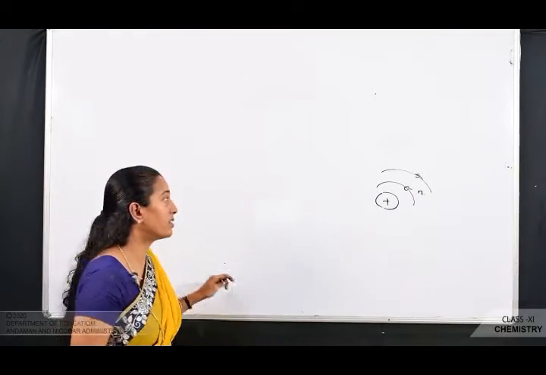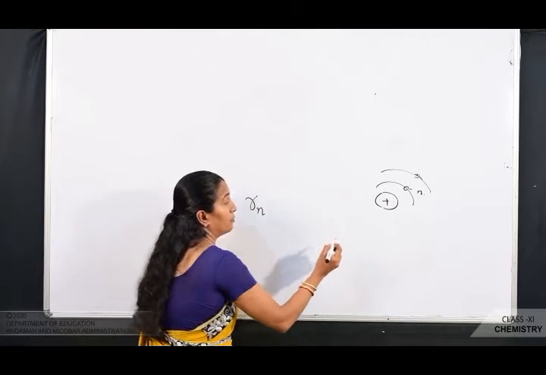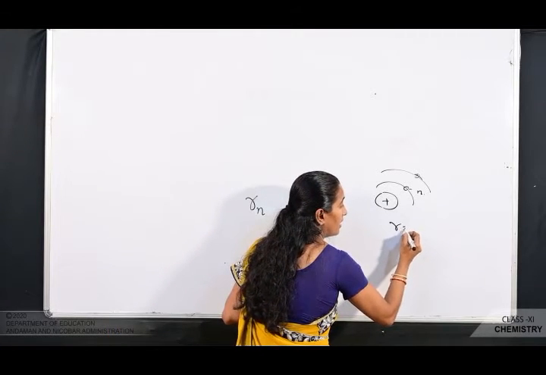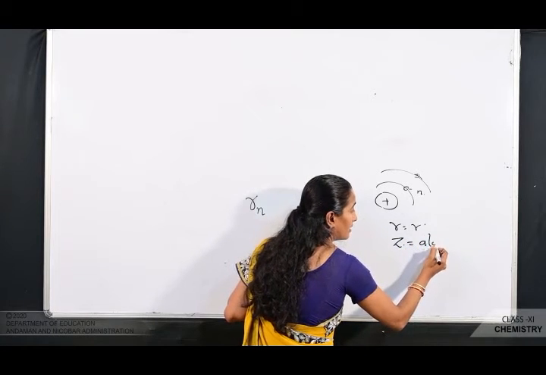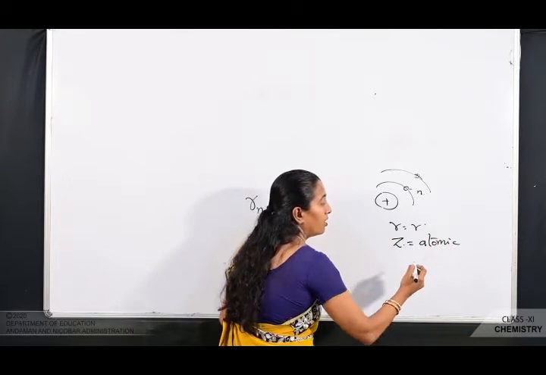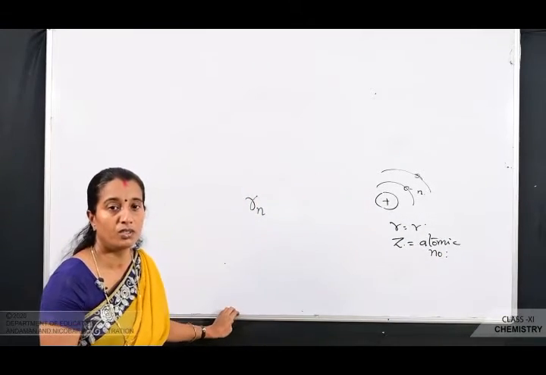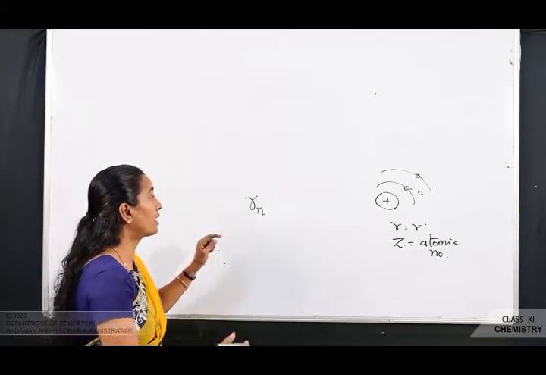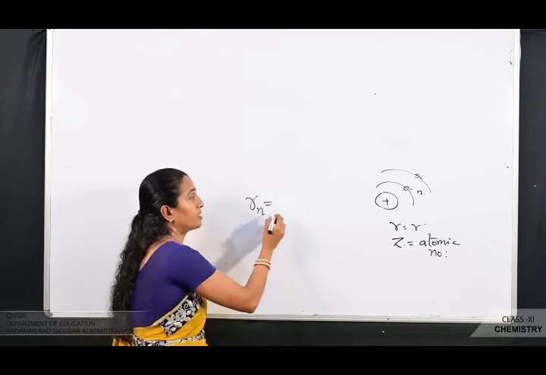Now, the radius can be written as r, and z is the atomic number of the atom. How to write the radius of the electron present in the nth orbit?